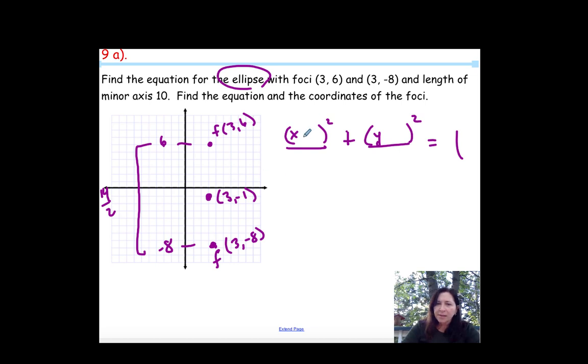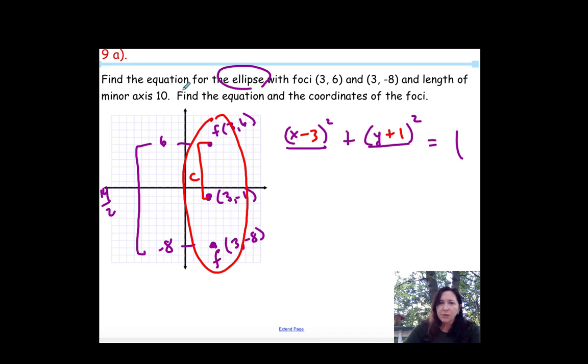So this will be x minus 3, and because it's -1, this will be y plus 1. Now, this value from here to here, remember, is my c value. Also remember, because it's an ellipse, the focal points are inside. You see how I'm drawing that? My focal points are inside. They're also on my major axis.